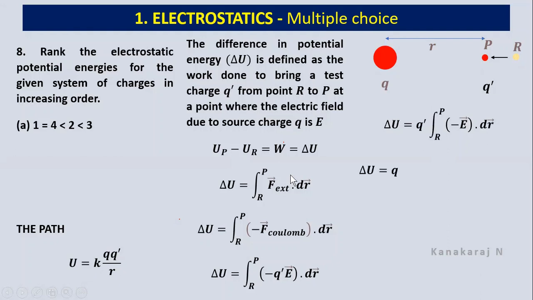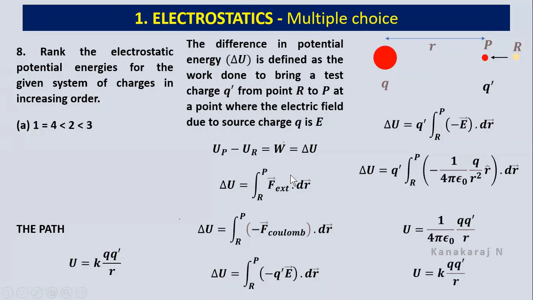The formula for E vector here is 1 by 4 pi epsilon naught Q by R square, into dr. After integration, we get del U, which is 1 by 4 pi epsilon naught Q prime by R. This is the potential energy of the system. This energy exists as long as the external energy is doing the work. If there is no external energy, there is no potential energy, because this force is a conservative force. So epsilon equals k times Q prime by R.